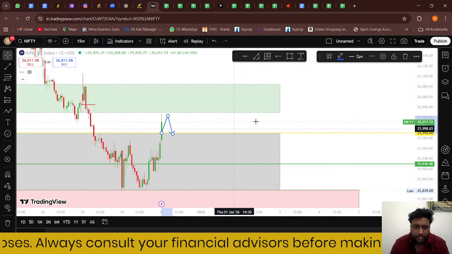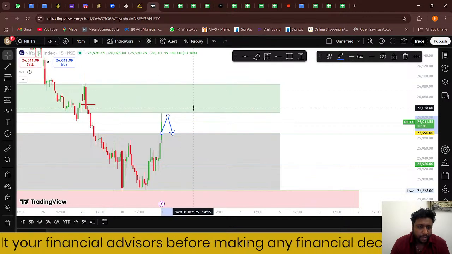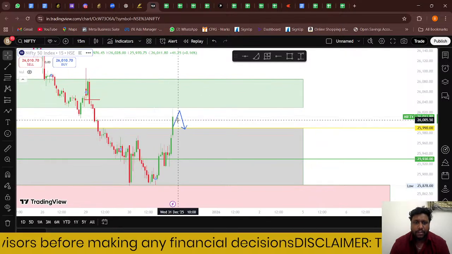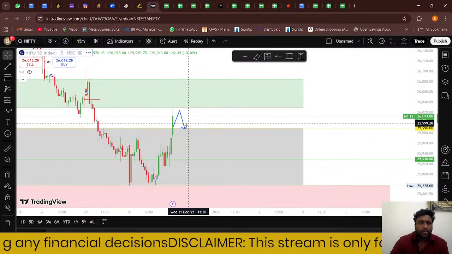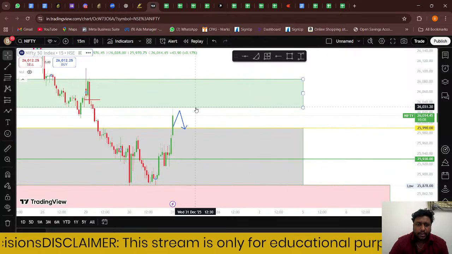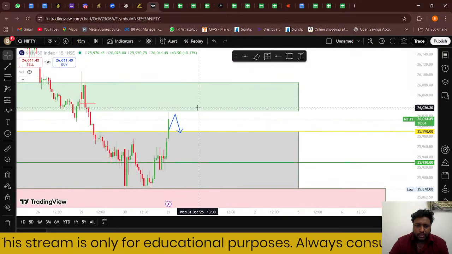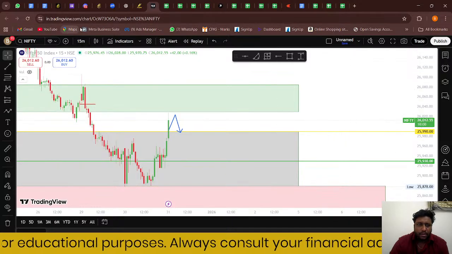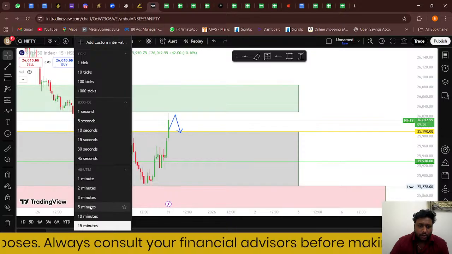So we'll wait for this level to happen. We'll wait for the first 15 minutes, let the market settle, and wait for a pullback to this level. If it retests this level and bounces back, then definitely we can go for an entry up to our resistance 1. If it breaks above resistance 1, we can trail our target to resistance 2.